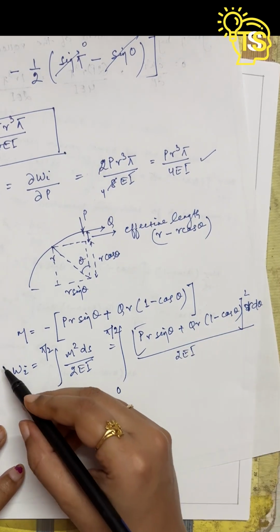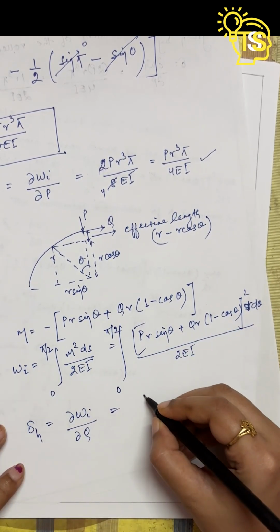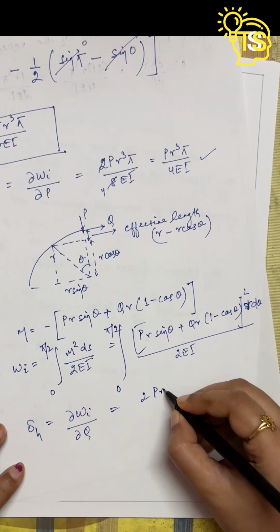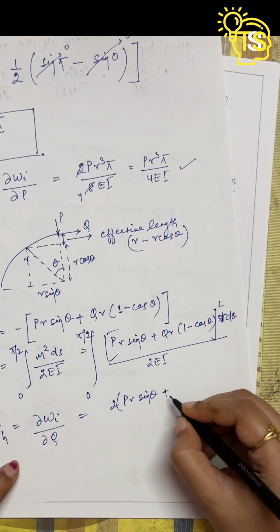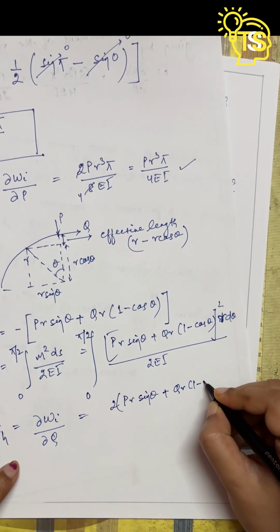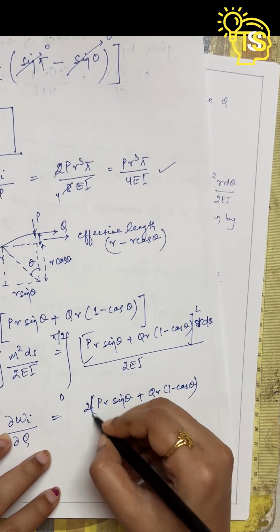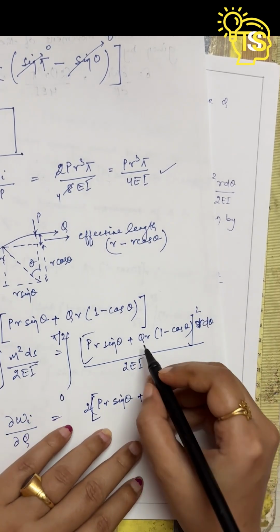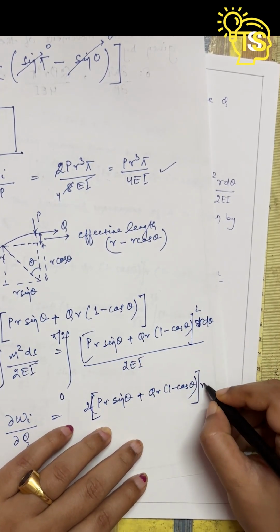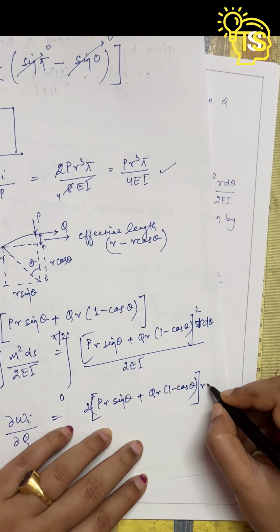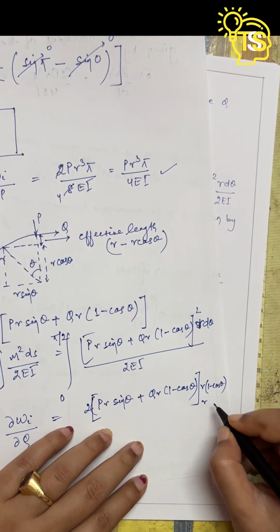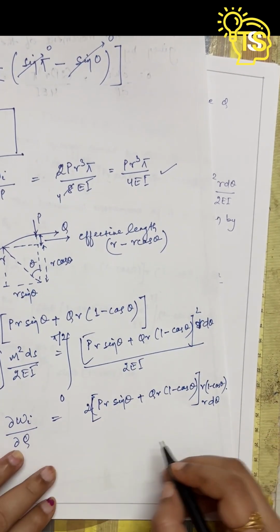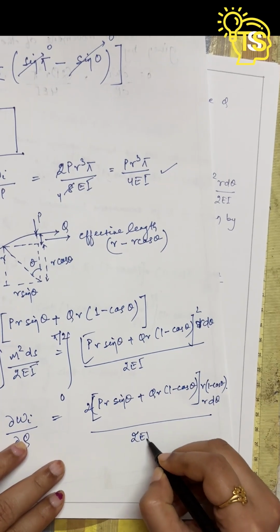So by partially differentiating the strain energy, we get 2 (PR sin theta plus QR (1 minus cos theta)) into the partial derivative, the value will be R into (1 minus cos theta) into R d theta upon 2EI.